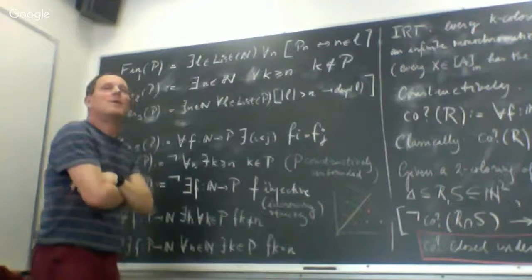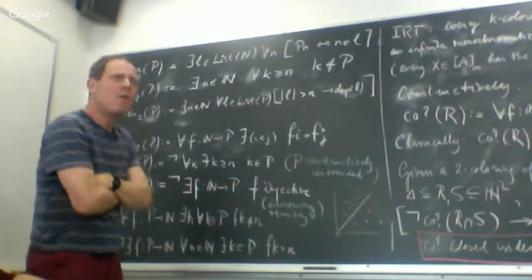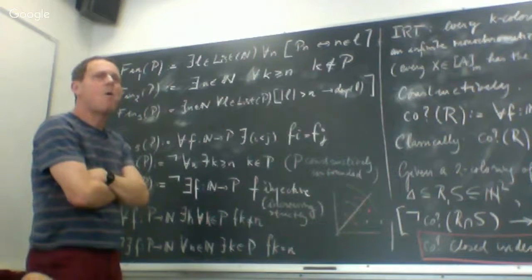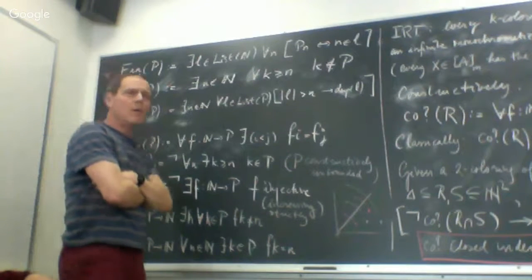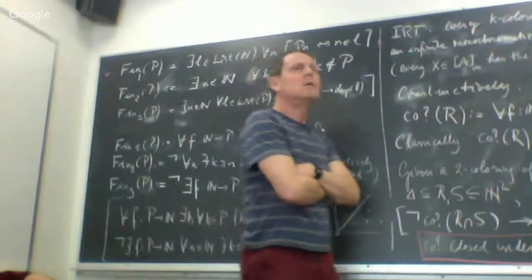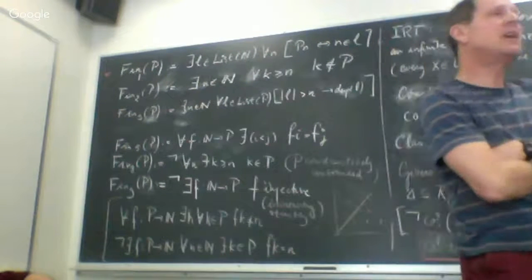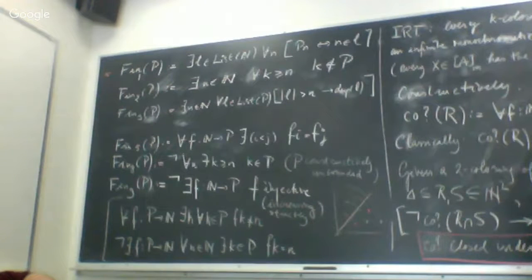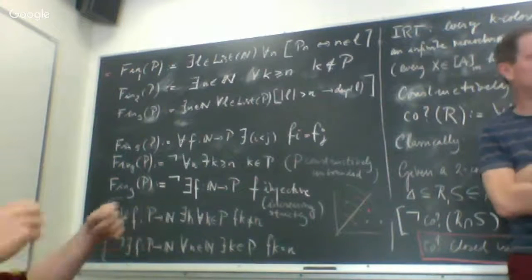One is having finite cardinality, the usual notion: there's a bijection from the first n natural numbers. And the other is you can enumerate the elements. You can give a finite list, but you may not be able to remove the duplicates.